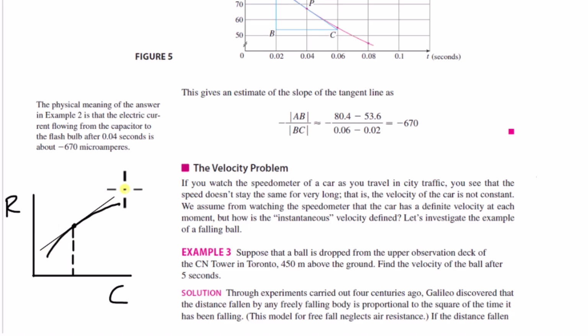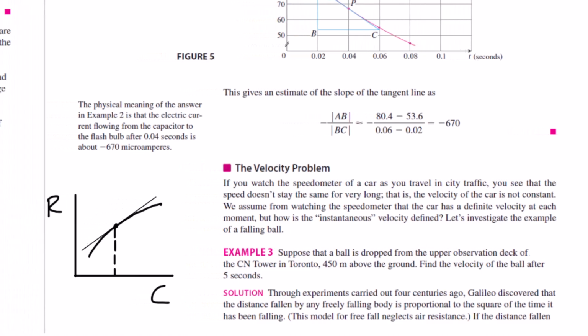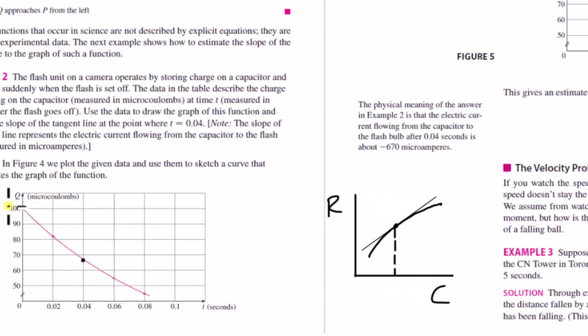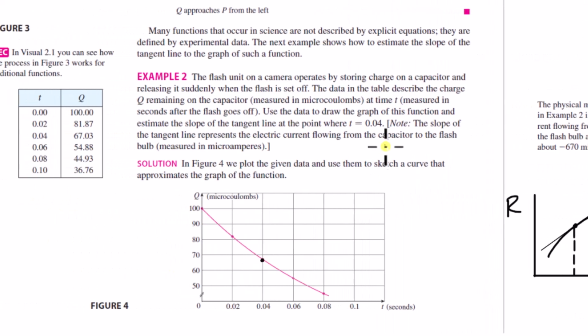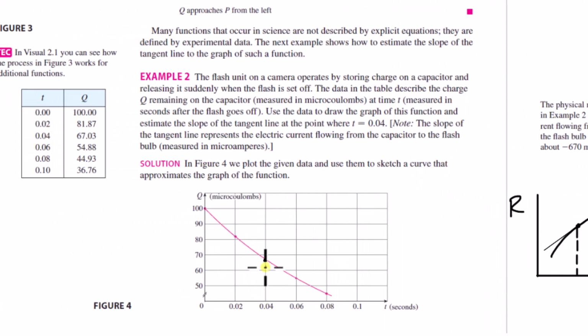Okay, and we saw this perspective in example 1, right? The slope of the tangent line to this charge versus time curve at t is equal to 0.04 represents the rate of change of the charge in the capacitor with respect to time at t is equal to 0.04 seconds.